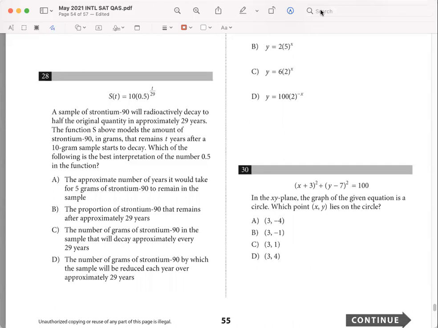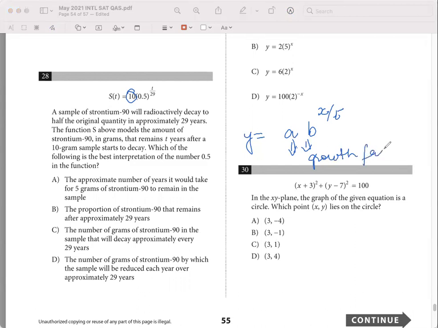So we know that the exponential function can be written as y equals a b to the power x. And if we have x by t, then a is the y-intercept, the initial value, which is 10. B is the growth factor, which means the factor by which the sample declines, decreases, or increases.